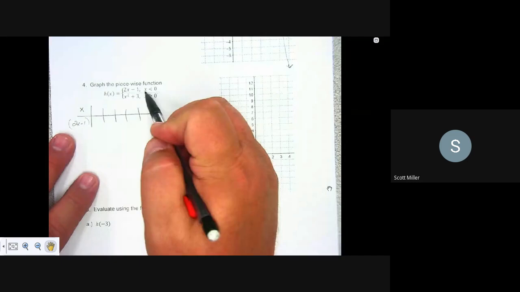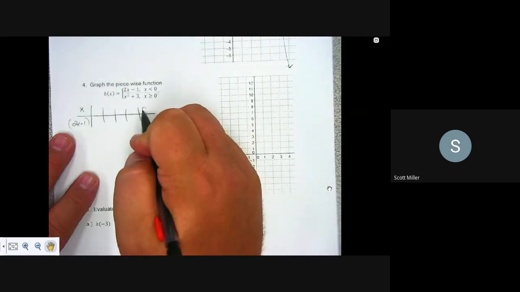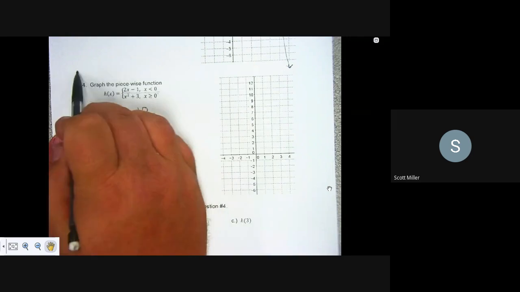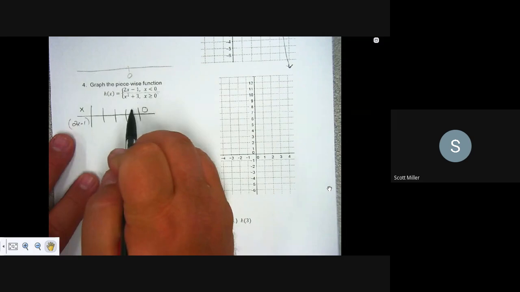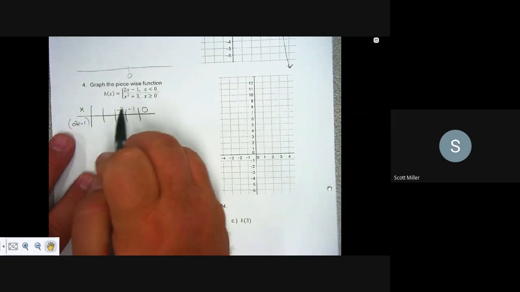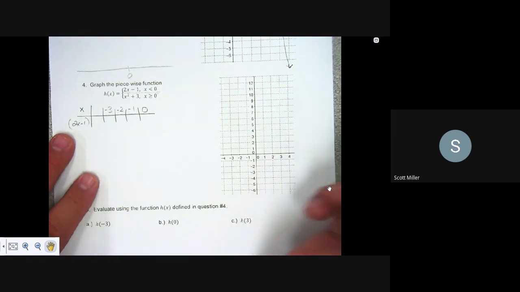Because I only want x is less than 0, I put the 0 out here like a number line. See, I'm thinking like a number line. If this is 0, the numbers below 0 go that way. So here's the 0, and I plug in negative numbers going that way according to the number line. That's what I do.